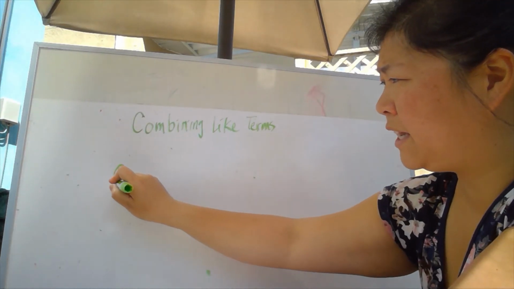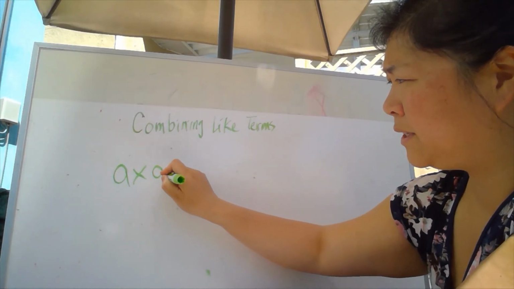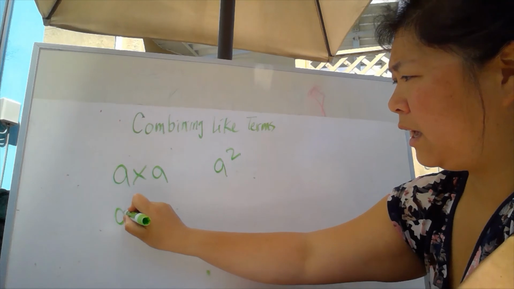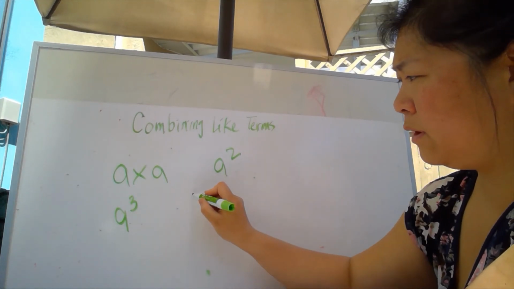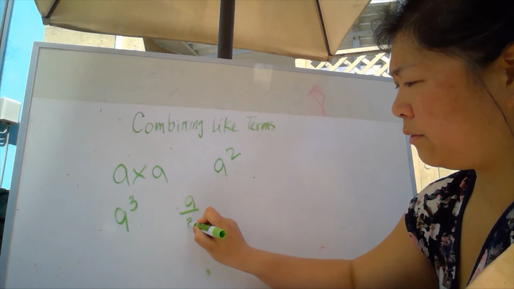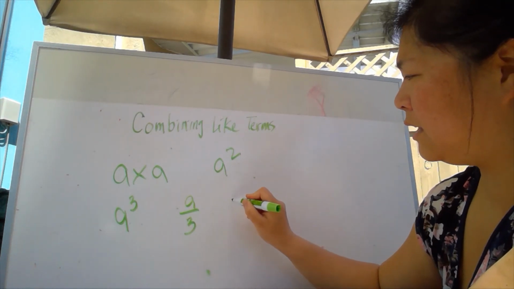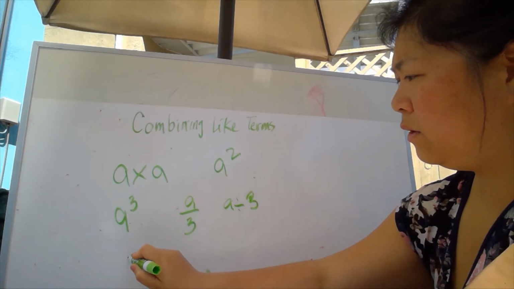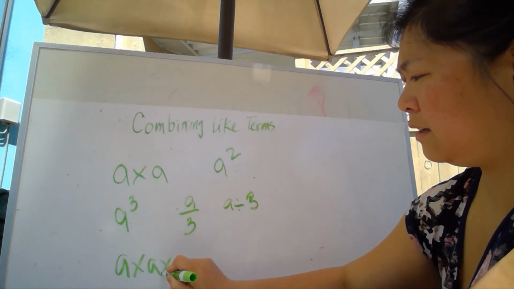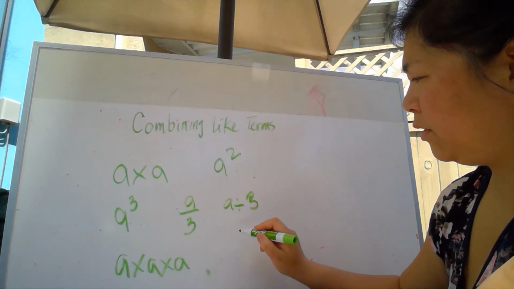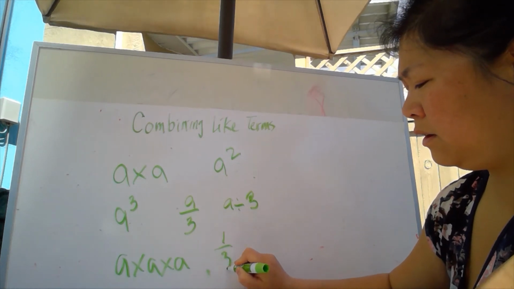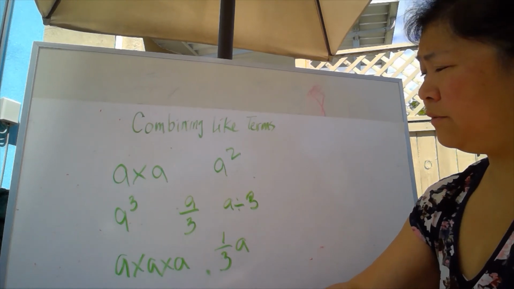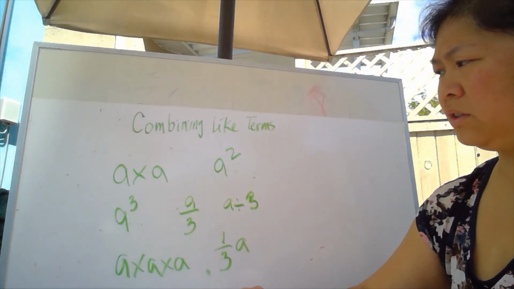We have different combinations. So a times a, or a squared, a cubed, or a divided by 3, or you can see that as a times a times a, or 1/3 a. These are all different types of terms, and so what looks the same?